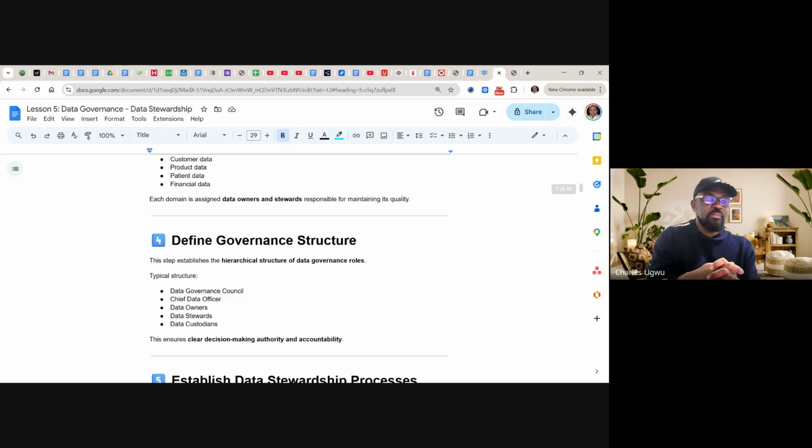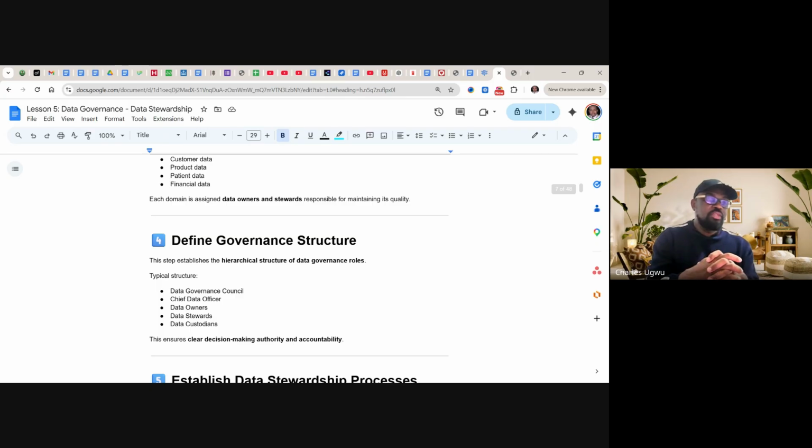This step establishes the hierarchy structure of data governance roles. Typically, we have a data governance council, a kind of unit or board that takes decisions on whatever happens, and every other person can be under that board. It's like a board, a council, or a unit or a department.